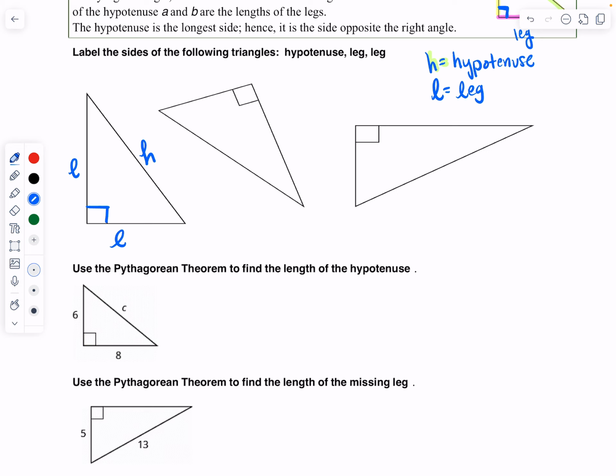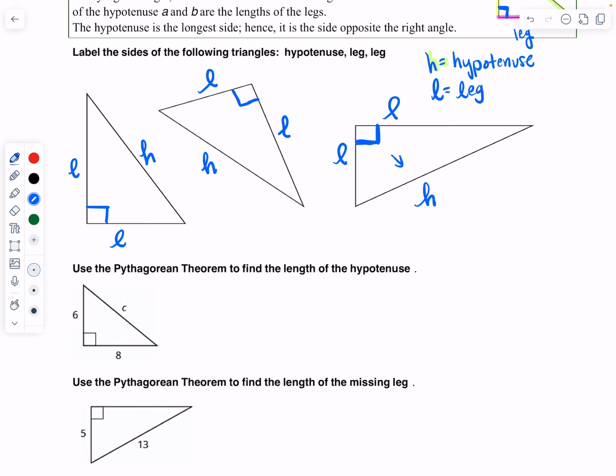So in the second triangle, we have this right triangle here, so I know this is a leg, and then this side is also a leg, and the side across from that right angle is the hypotenuse. And finally, in the third triangle, the two sides that compose the right angle are the legs, and the side across from the right angle is called the hypotenuse.